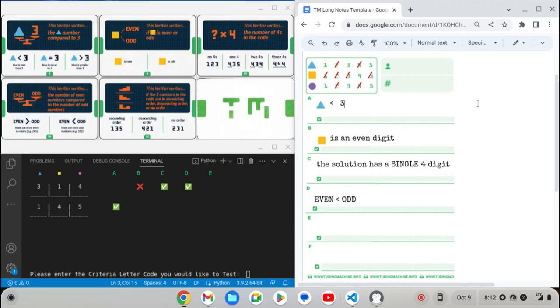And of course, the only value that's less than 3 is 1 itself. So let's go ahead and cross out the 3 and the 5. So far our solution looks like 1, 4.